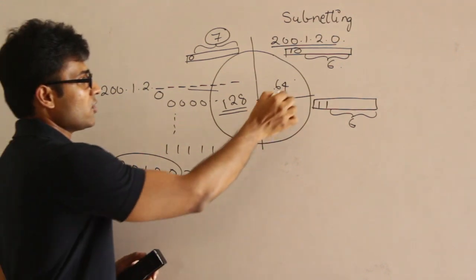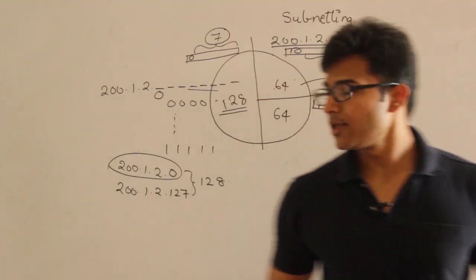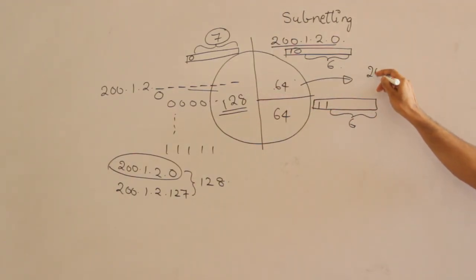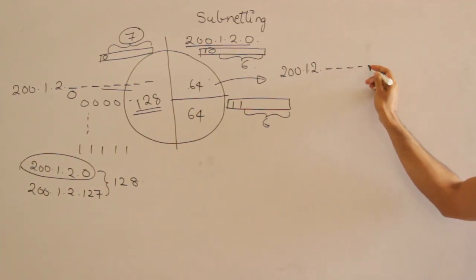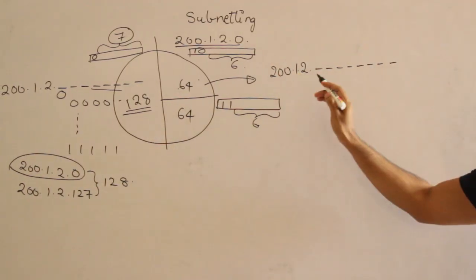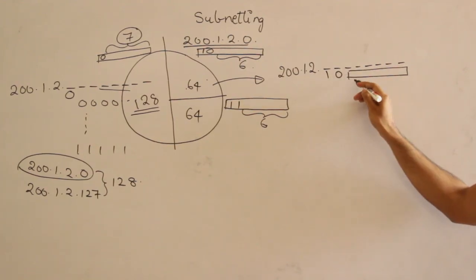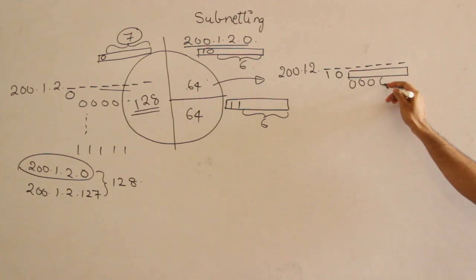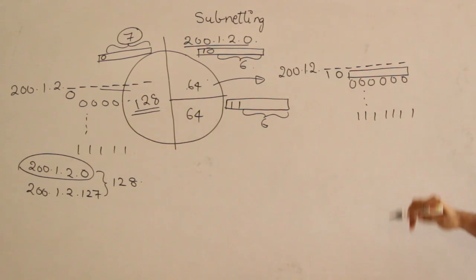Right? And now if you look at the next subnet, 200.1.2.1234567, the first two bits are fixed as 10, and how many bits are remaining? 6 bits, and these 6 bits can run from all zeros to all ones, right?